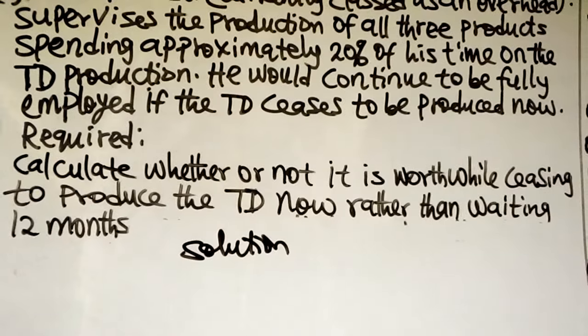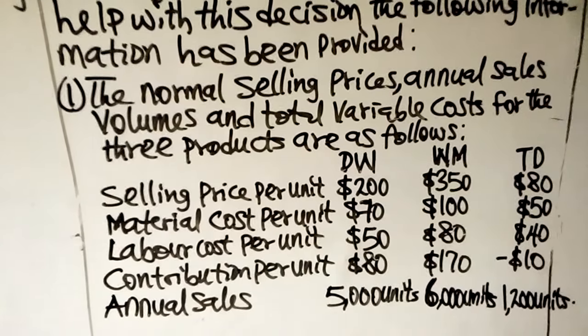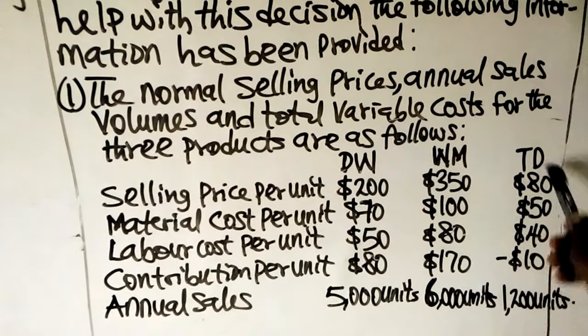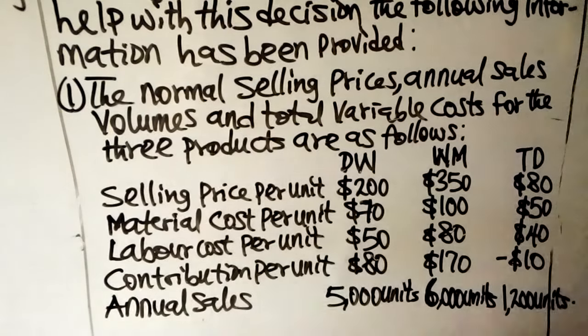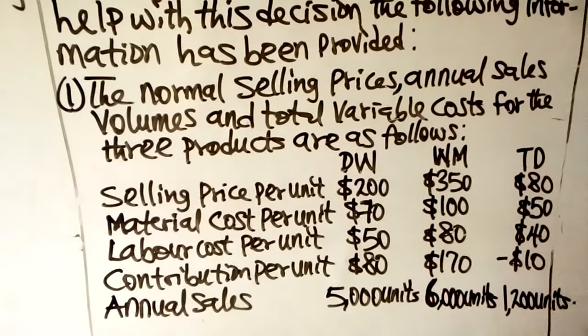If you wait till the end of 12 months, remember the contribution that will be forgone from TD will be $10 per unit. $10 times 1,200. That means the contribution you will forgo will be $12,000, if you wait till the end of 12 months.